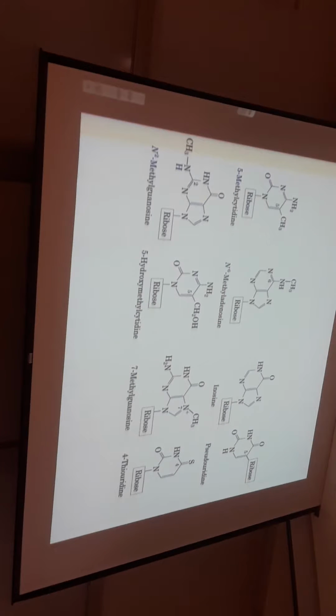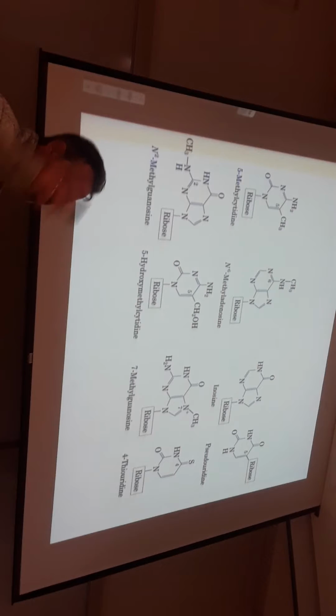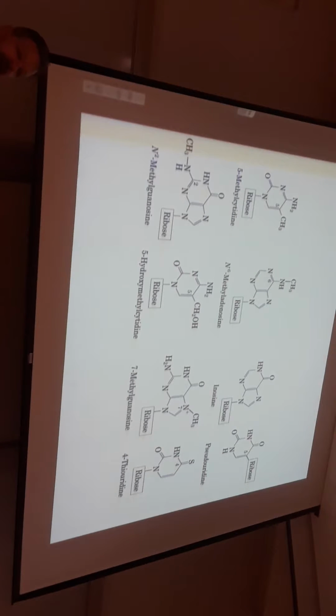Yes, we are supposed to have an N-glycosidic bond, a bond between the anomeric carbon of the ribose and nitrogen number 1 in uracil, but that's not the case. We've actually moved this over to this carbon, and that's why it's called a pseudouridine.